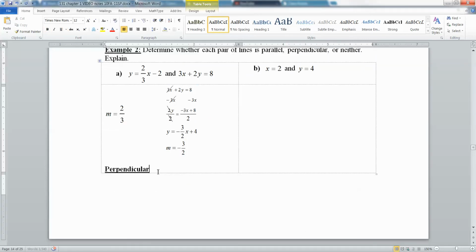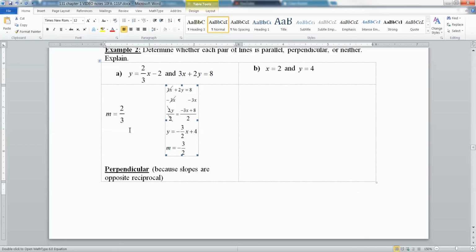So perpendicular because the slopes are opposite negative reciprocals, opposite reciprocals. Opposite just means one's positive, one's negative, and reciprocal means they're flips of each other. One's 2/3, one's negative 3/2.